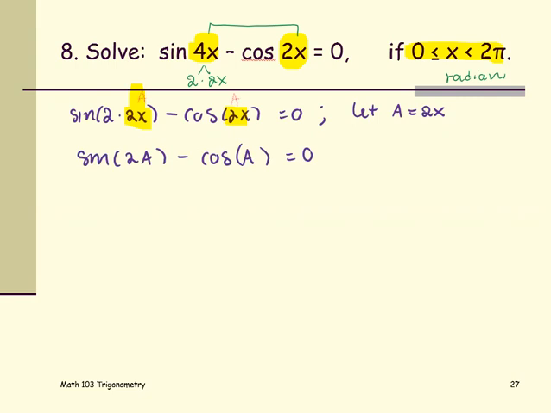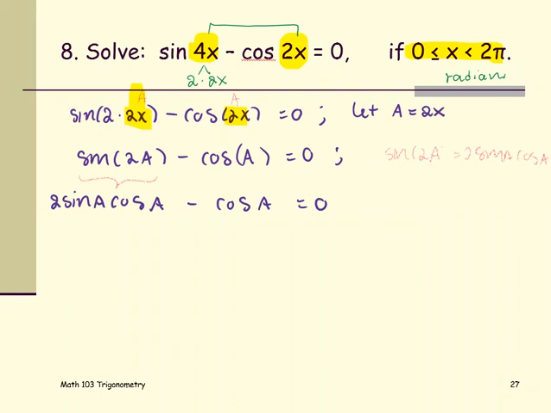The sine of 2a, that is the sine of the double angle. Put a note here. We're going to use the identity that the sine of double angle is 2 times sine angle A times cosine of angle A. So we're going to replace sine of 2a as 2 times sine A times cosine A, and subtract the cosine A equals 0.